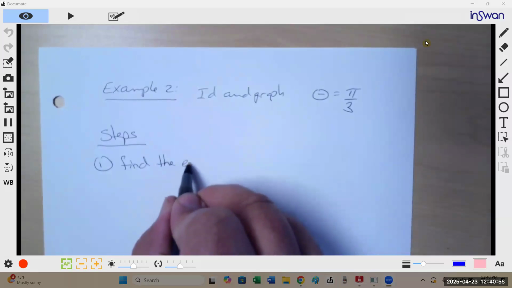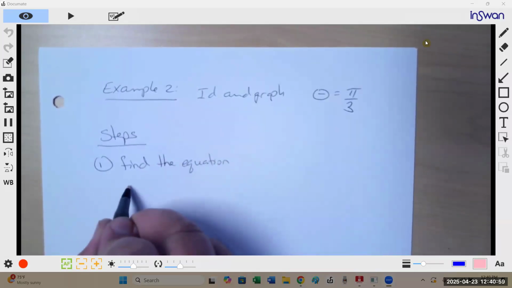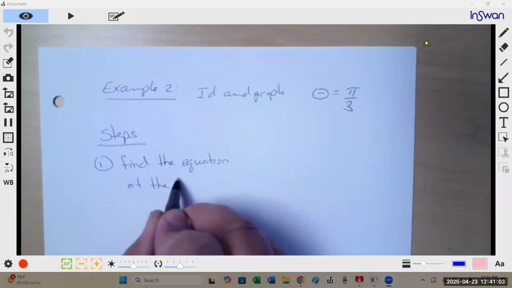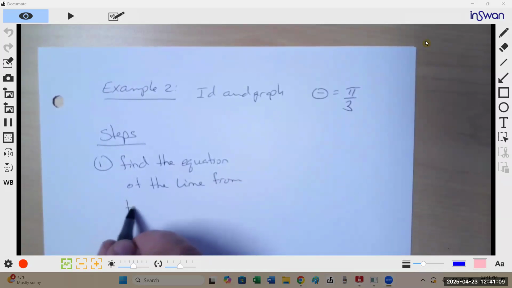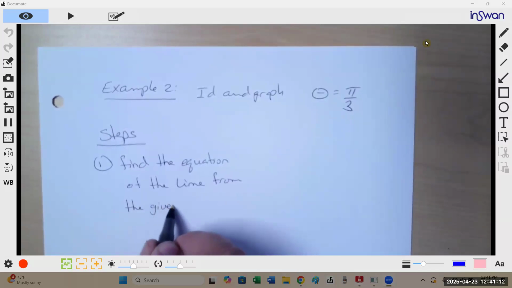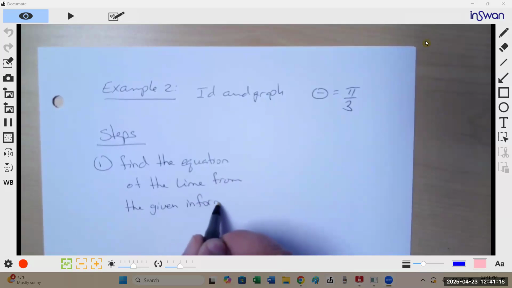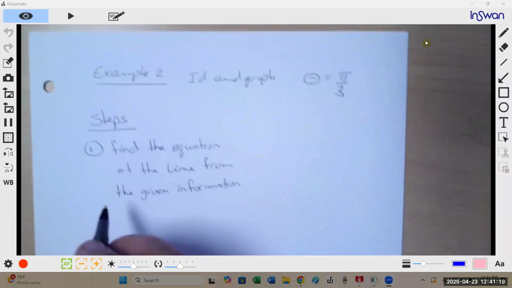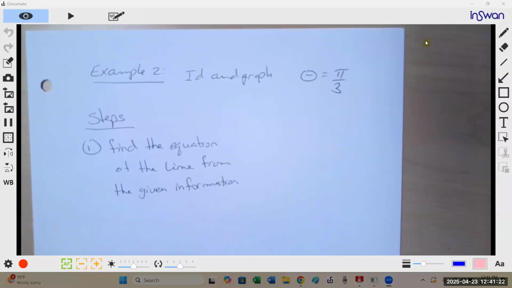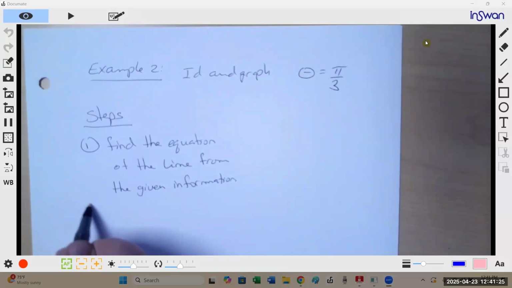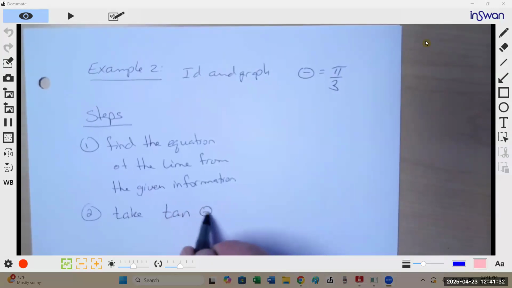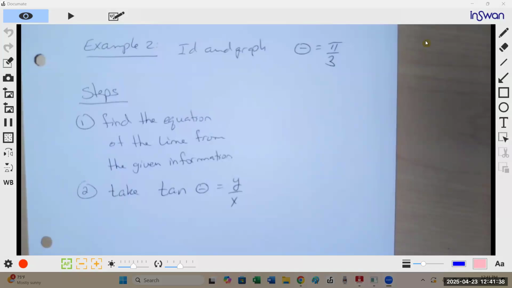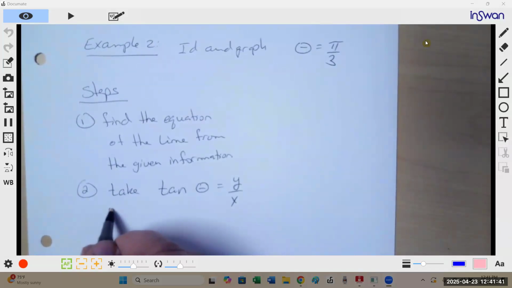So we have to find the equation of the line from the given information, then take the tangent of both sides of that angle.